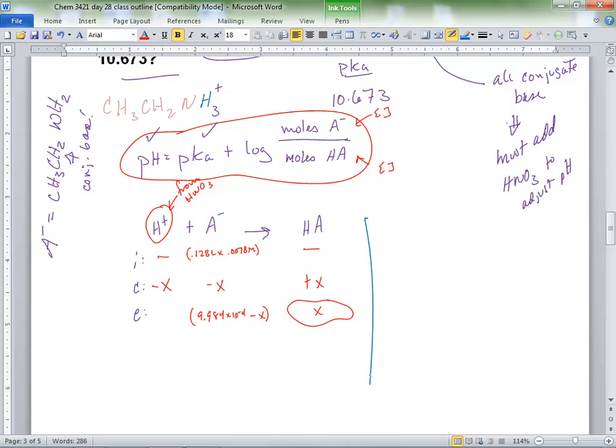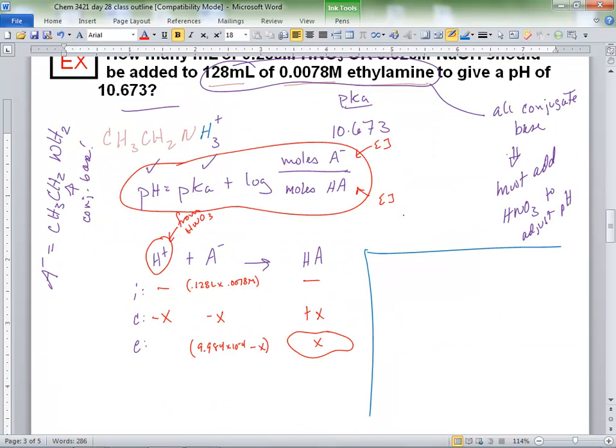All right. Something like, oh, we know what the pH is. They said it was 10.673. That has to equal the pKa, which is 10.673. Right?